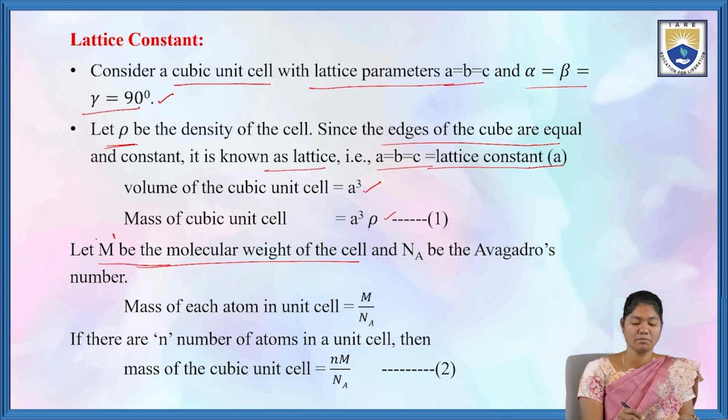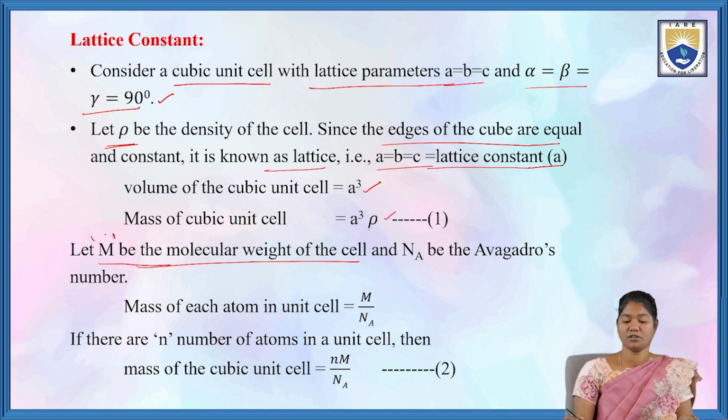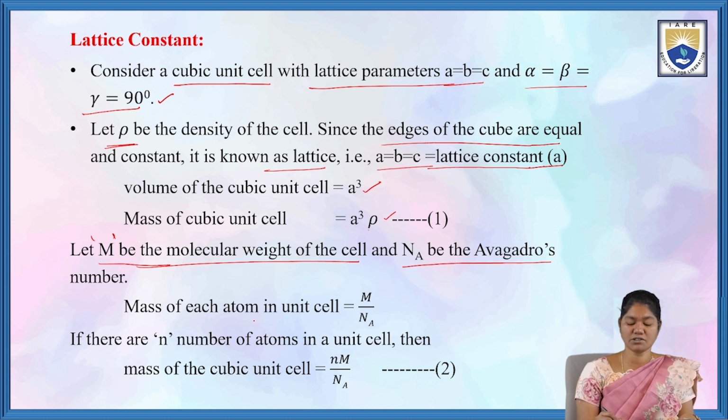Now, let capital M be the molecular weight of the cubic unit cell, and Na be the Avogadro's number. So the mass of each atom in the unit cell is equal to M by Na.